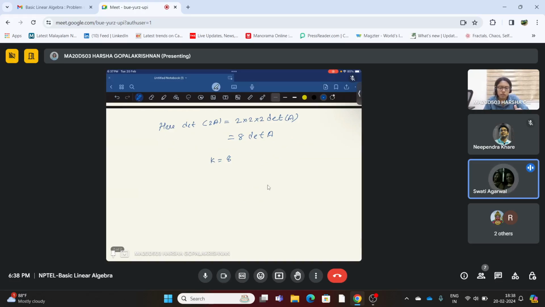Ma'am, if it is only a matrix, not a determinant, and the matrix has k in all the rows, then if we want to take the common factor out of all the rows, it is only k times the matrix, right? You are asking about a matrix where all elements are multiplied with k? Yes, a 3 by 3 matrix multiplied by k, so all the elements get multiplied by k.